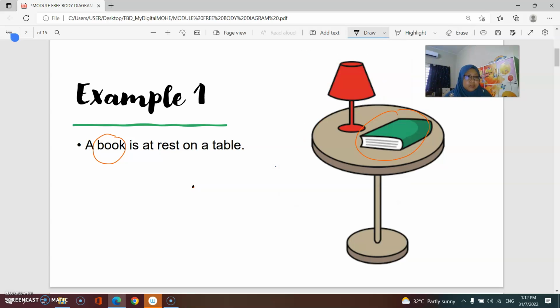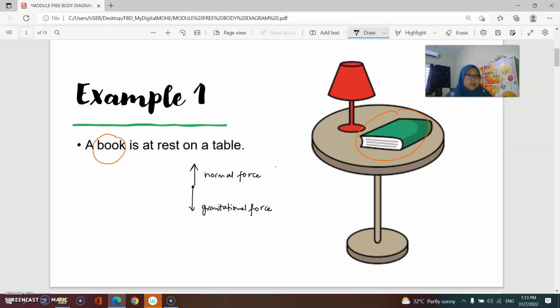For whatever object, we must have a force pointing downward, which we call the gravitational force. In this case, the book is at rest on the table. It's not going inside the table. So it means that there must be another force opposite to the direction of the gravitational force. This one we call the normal force.